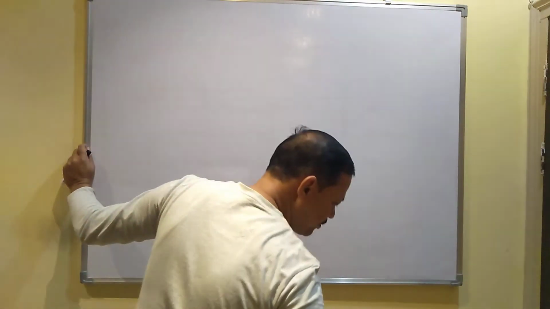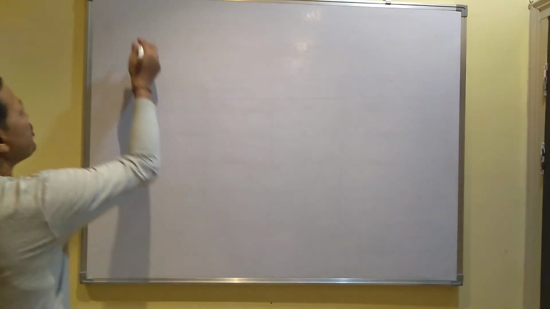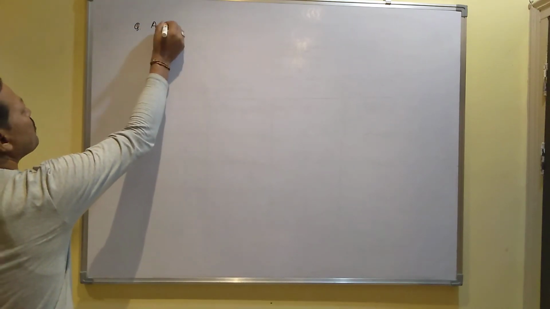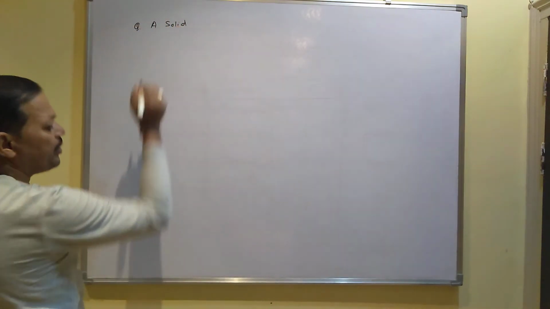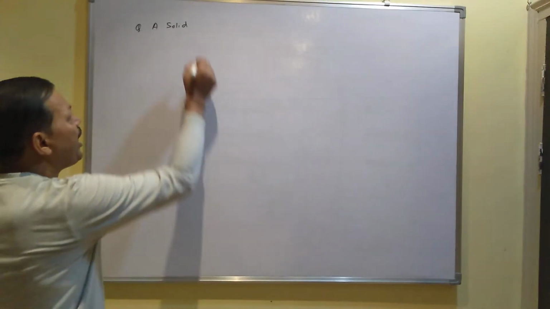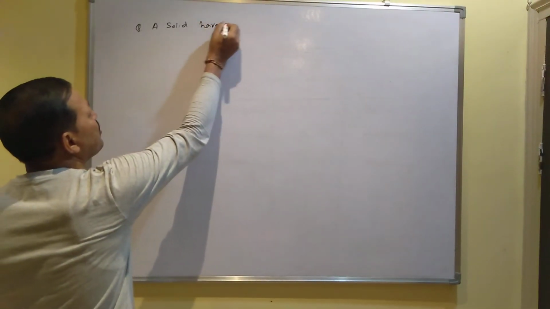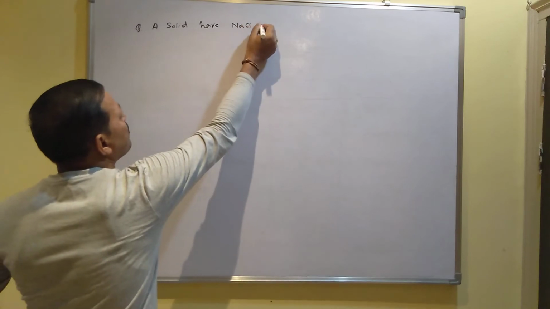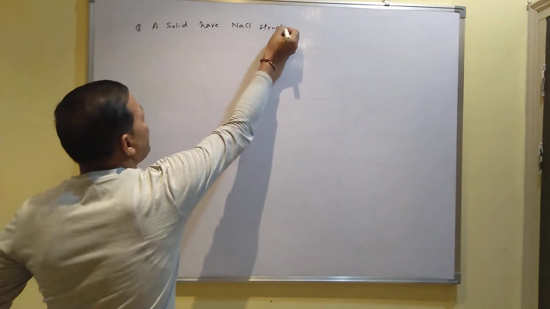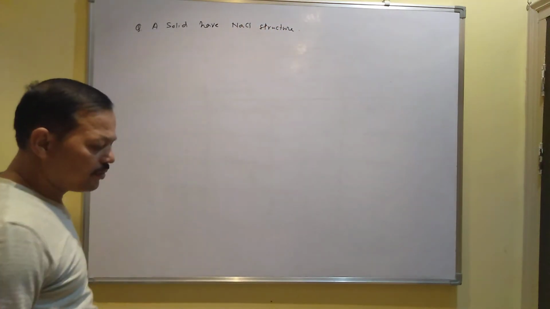One question: a solid has an NaCl structure, I mean it will adopt a structure like sodium chloride.